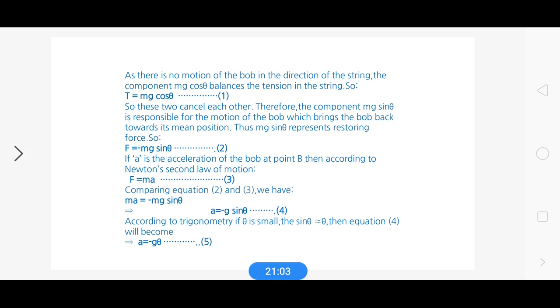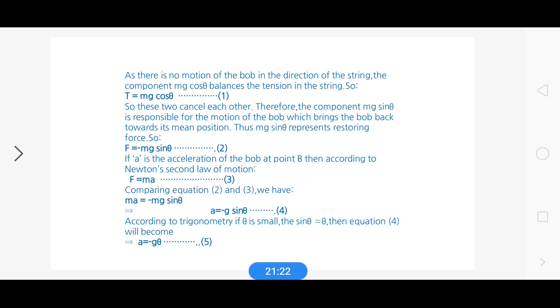There is no motion of the bob in the direction of the string. The motion exists always perpendicular to the string. So T is equal to mg cos theta. So these two cancel each other.